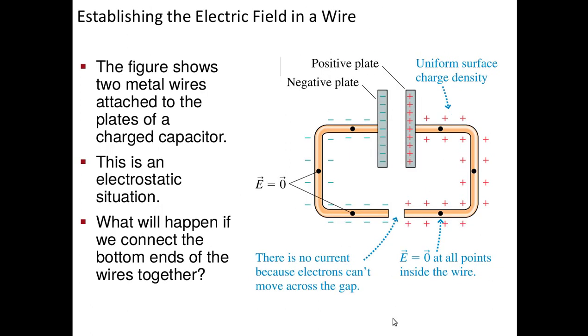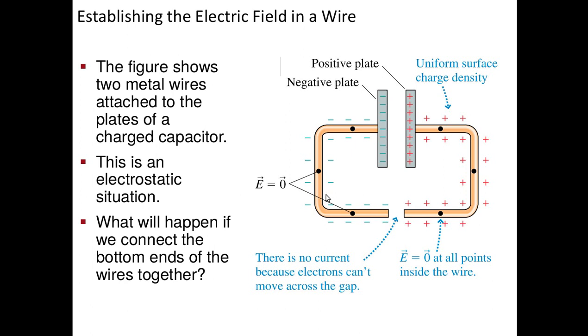So now let's take the battery away. We take the battery away, and we've got a net negative charge over here and a net positive charge over here. But the charges are going to distribute uniformly throughout the wire and the plate, and there's going to be no electric field. There's no polarity, no positive and negative charge on either side, so the electric field is zero.